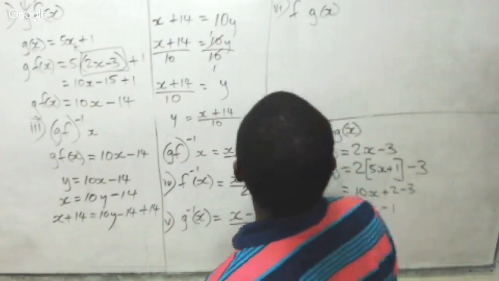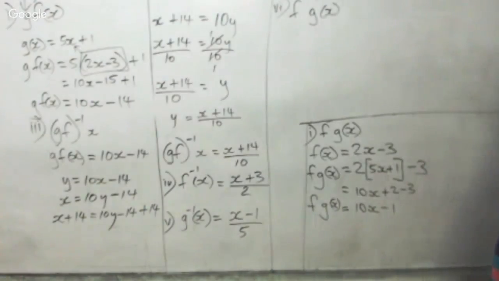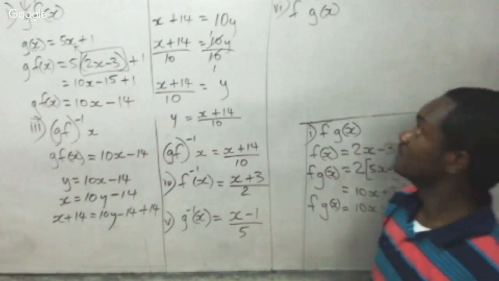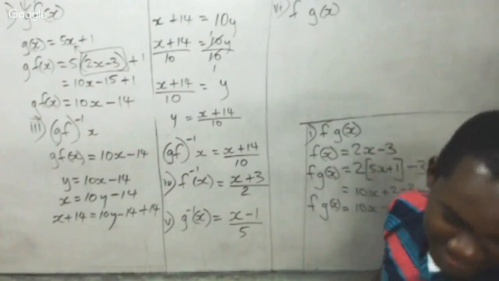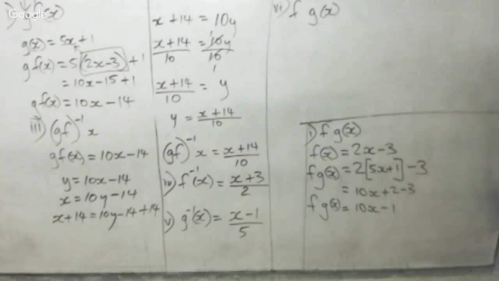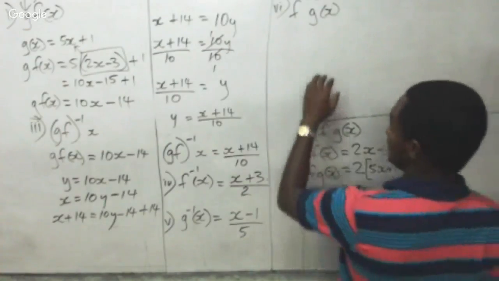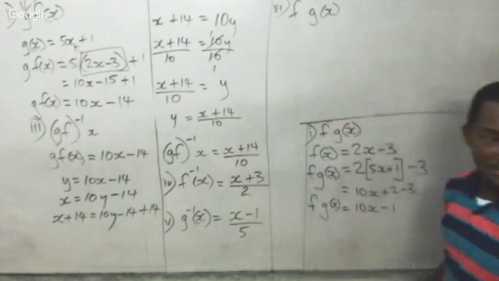Any ideas? What is the idea? We're going to put the G inverse into the F inverse. Very good. That means you're learning. You take what's on the right and put it into what's on the left. So what's on the right? G inverse.